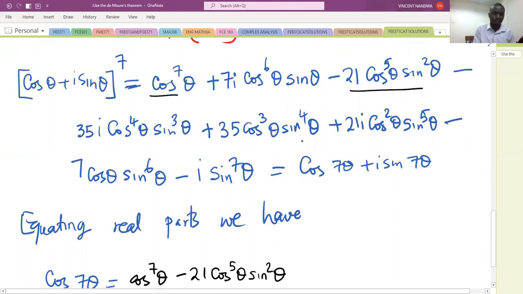Next is this term, positive 35 cos cubed theta sine power 4 theta.